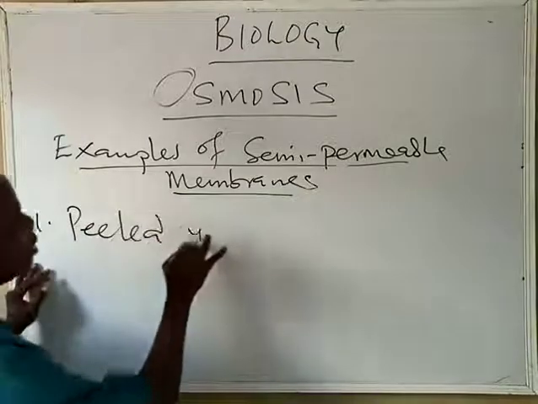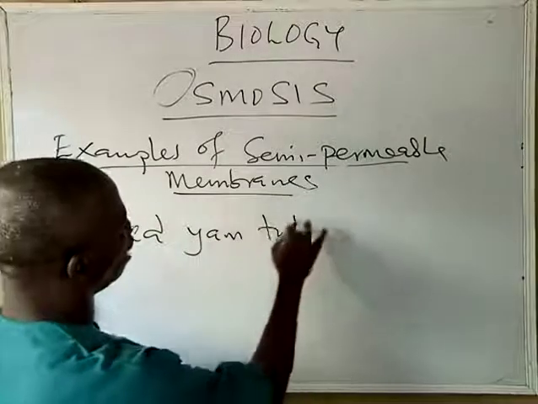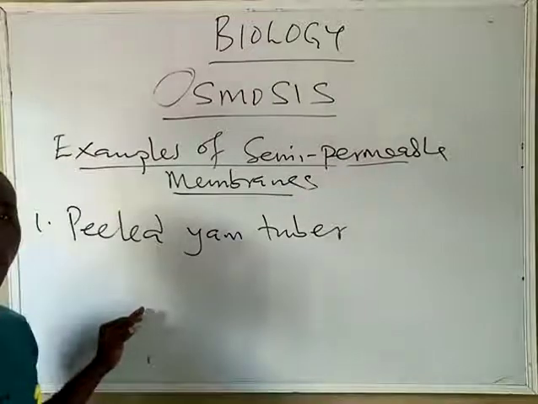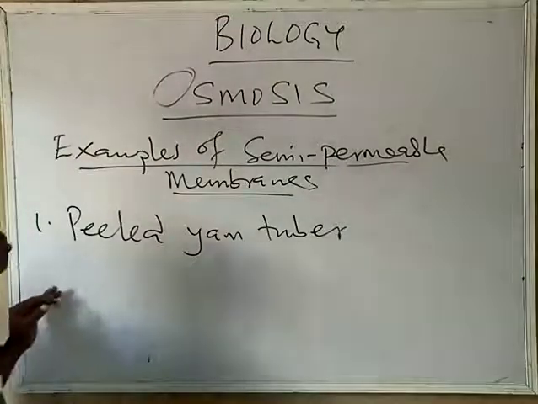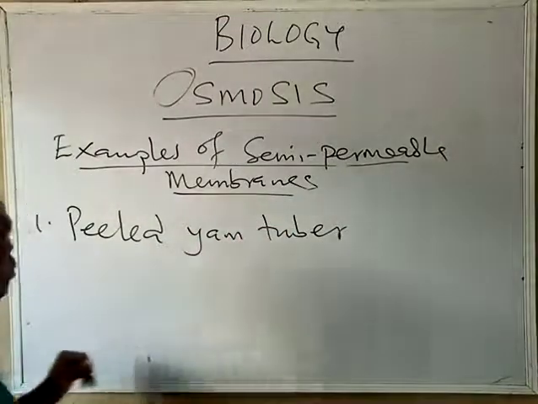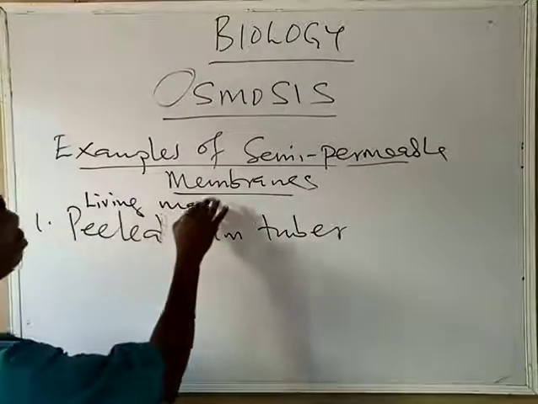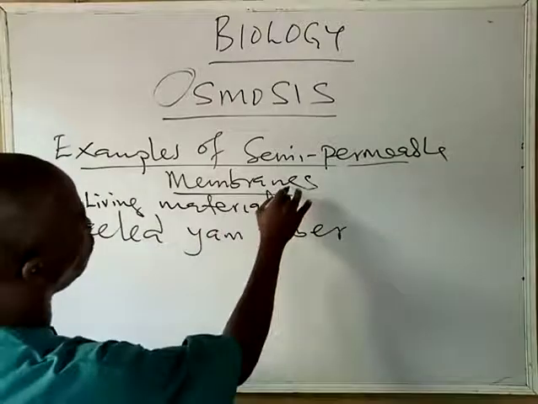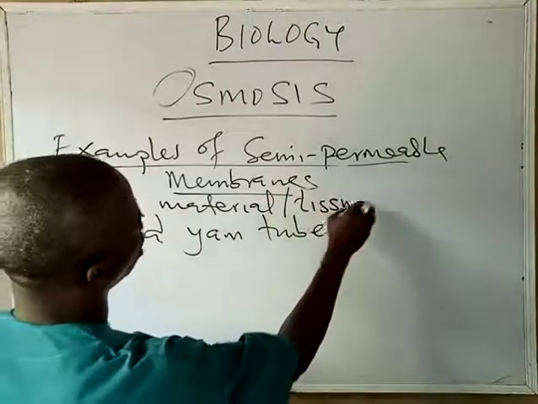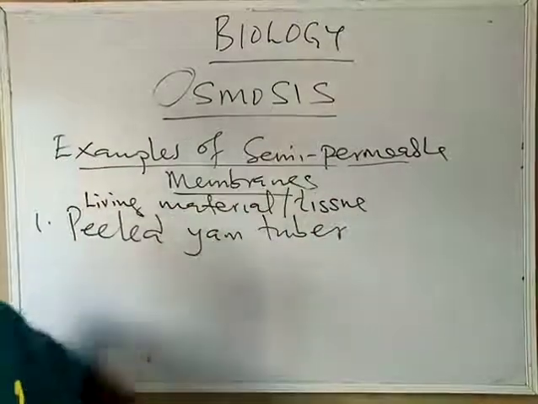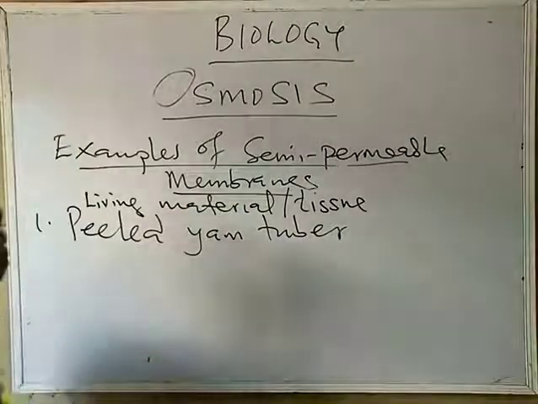Peeled yam tuber is an example of a semi-permeable membrane that is made of living tissue.